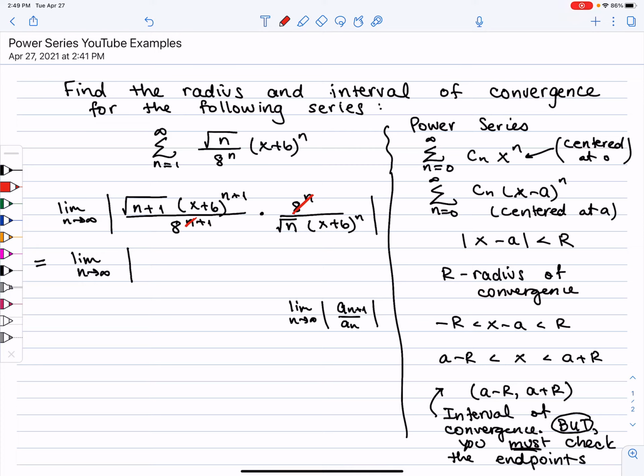It cancels an 8 to the nth. Same thing for x plus 6 to the nth and x plus 6 to the nth. So we're going to be left with x plus 6 over 8 times the square root of n plus 1 over the square root of n.